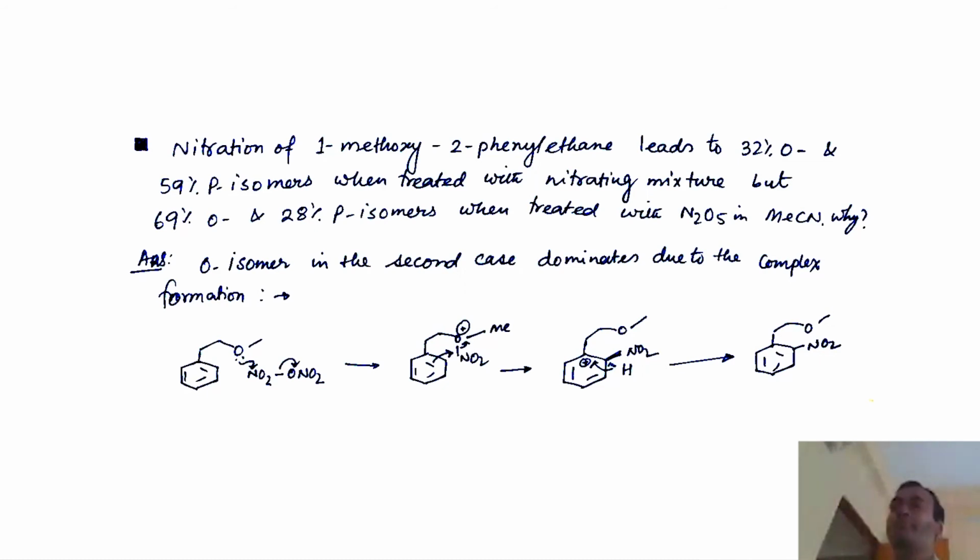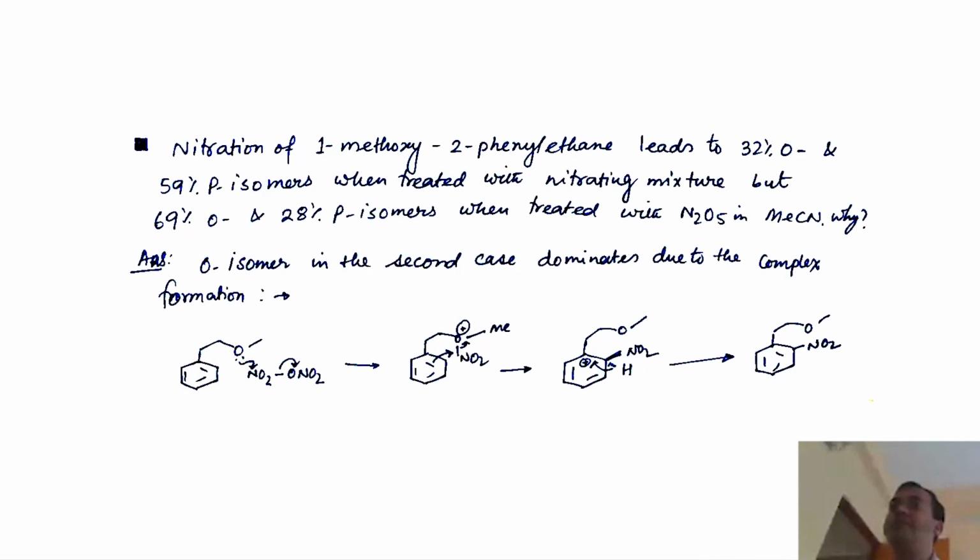Okay. Sir, can you explain this again? Yeah. So when we are taking this nitrating mixture, it is not much connected with this oxygen. So it is free and it is available in the medium. So you have a preference to attack at the ortho and the para position. But because of these bulky substituents, the para product is preferred. But when we are taking this N2O5, the electrophile is getting generated after this oxygen coordination with this NO2.